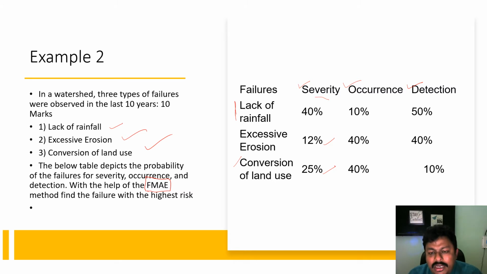However, how many times has this happened? So the chance of occurrence or frequency of occurrence of the failure is rated by this number. 10% means minimum occurrence, 40% means out of 100 times, 40 times this failure can occur. So this occurrence actually shows the chance of occurrence or frequency of occurrence of the failure.